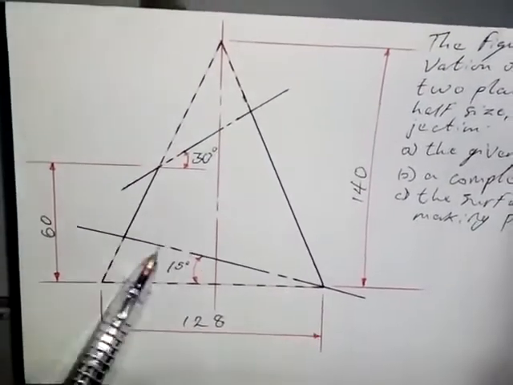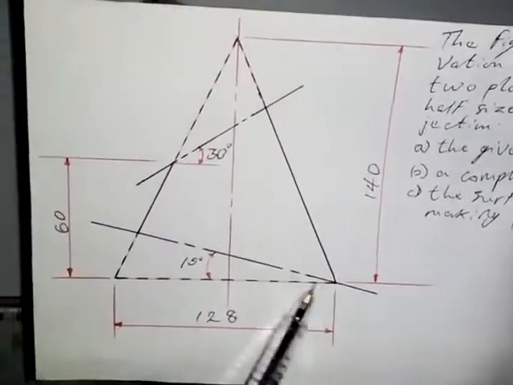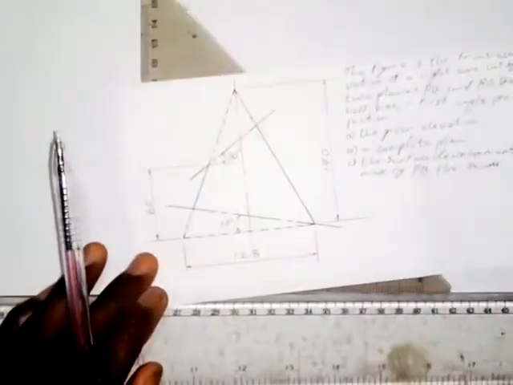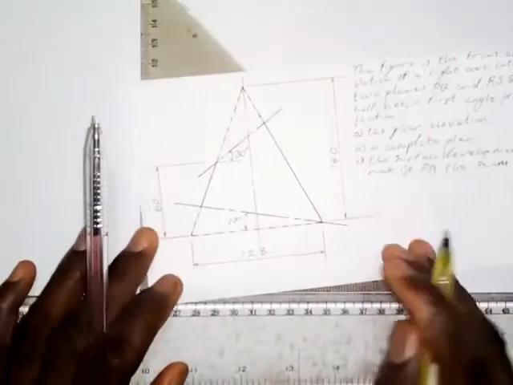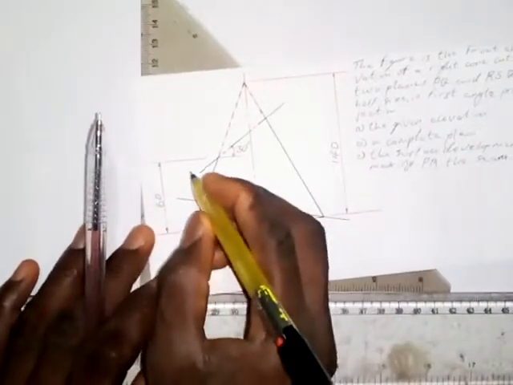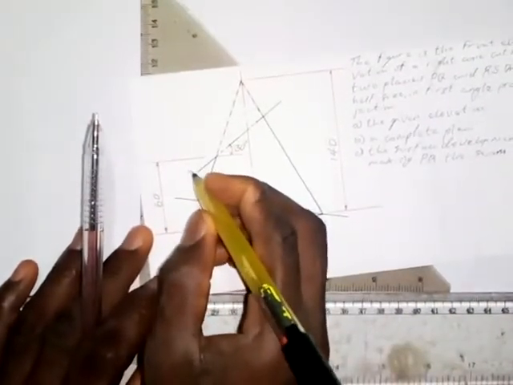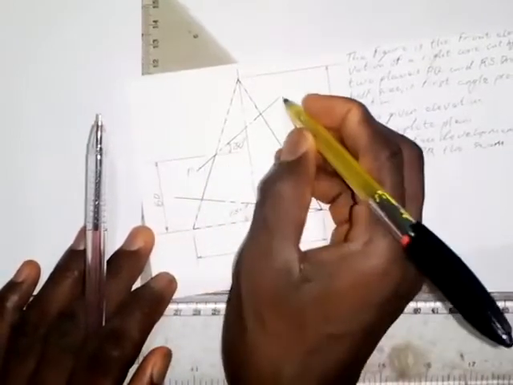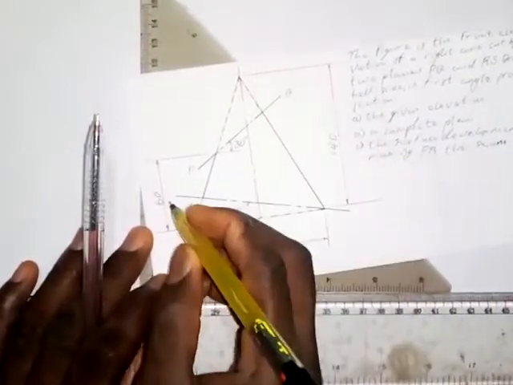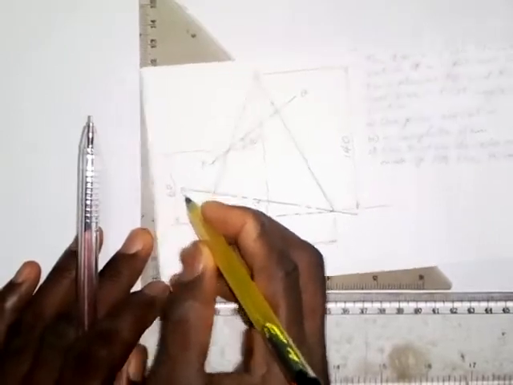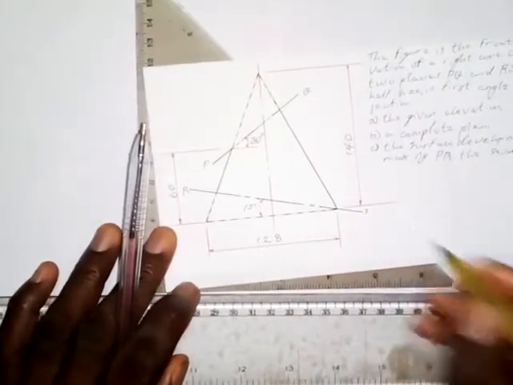This is cutting plane PQ, and this is cutting plane RS, as you can see here.